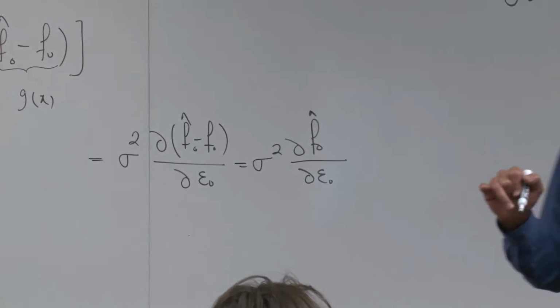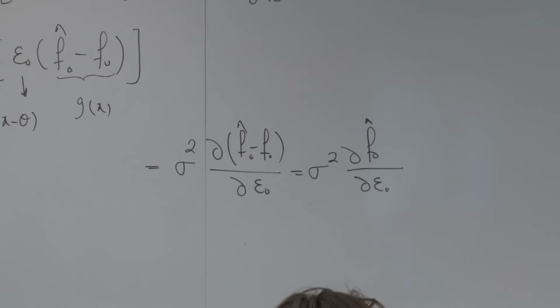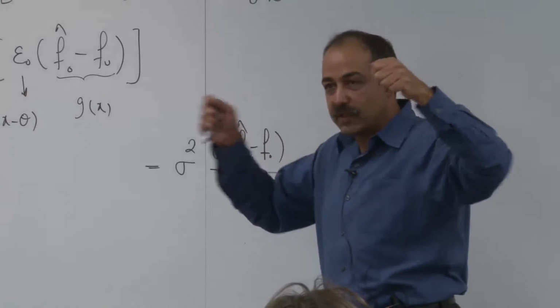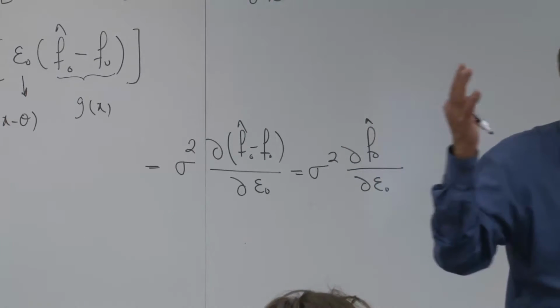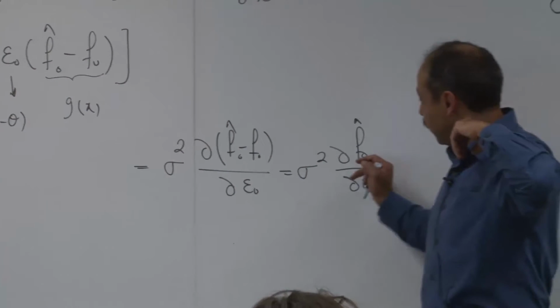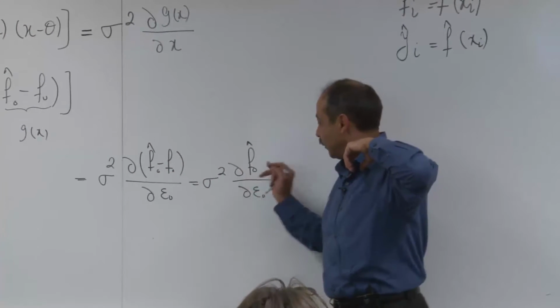If I perturb epsilon, f will not change. f is the true function, f hat is my estimate. f has nothing to do with my observation. So if I change the noise of the data, the true function doesn't change. The true function comes before observation. But if I change the noise, my estimation will change. So this term is 0. I have only this term.